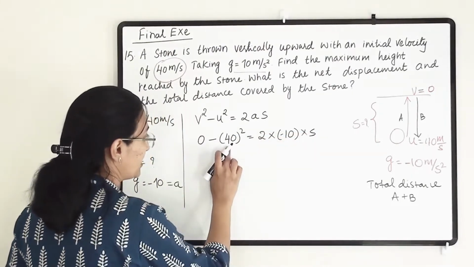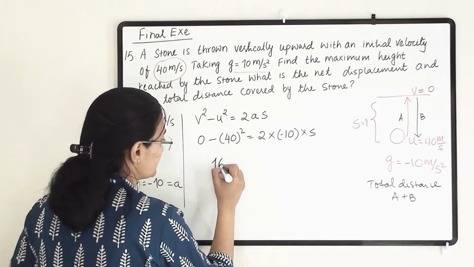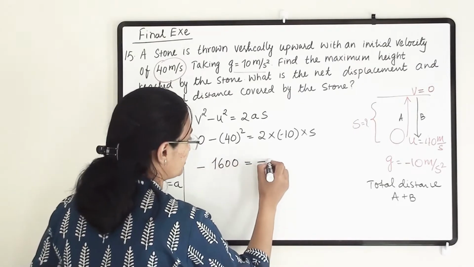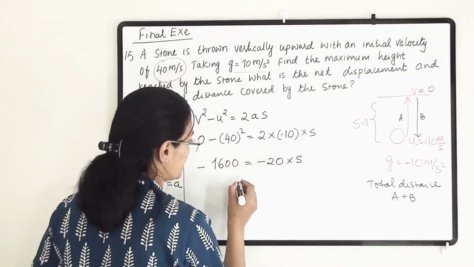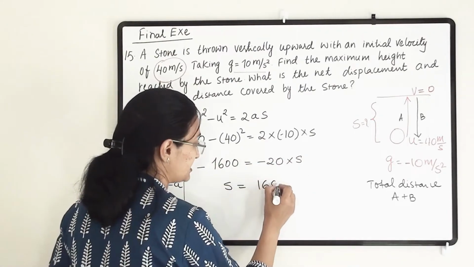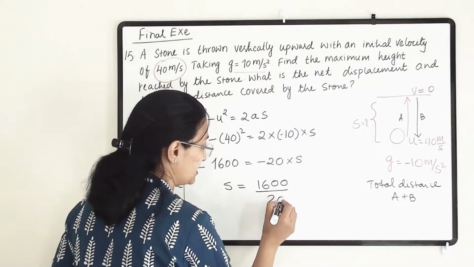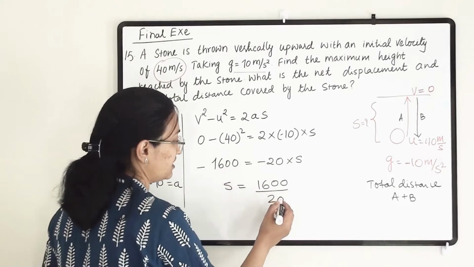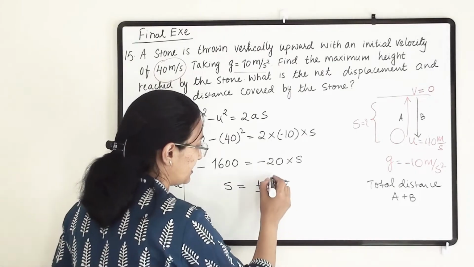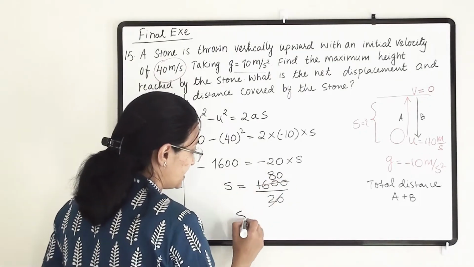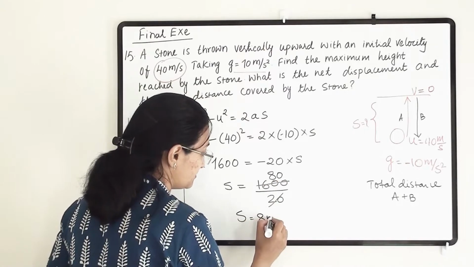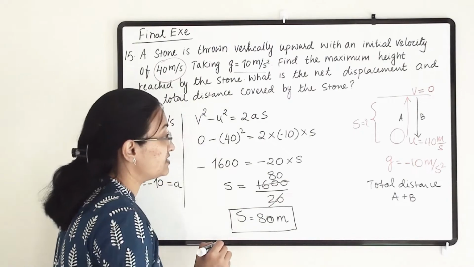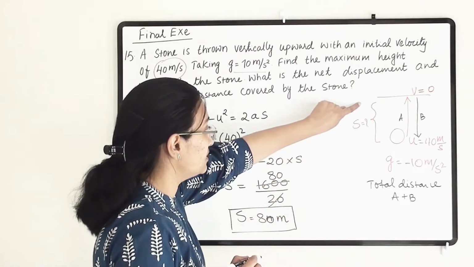So 40 square is 1600, and on the other side we get minus 20 into s. s equals to 1600 divided by 20, and this is going to be positive because the negative sign is on both sides. So we get 80. Now s equals to 80 meter. That much distance it will travel when it reaches till the top.